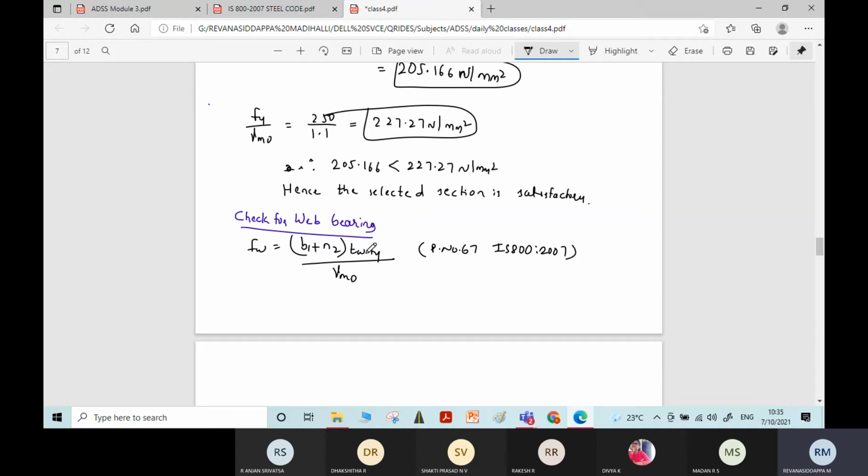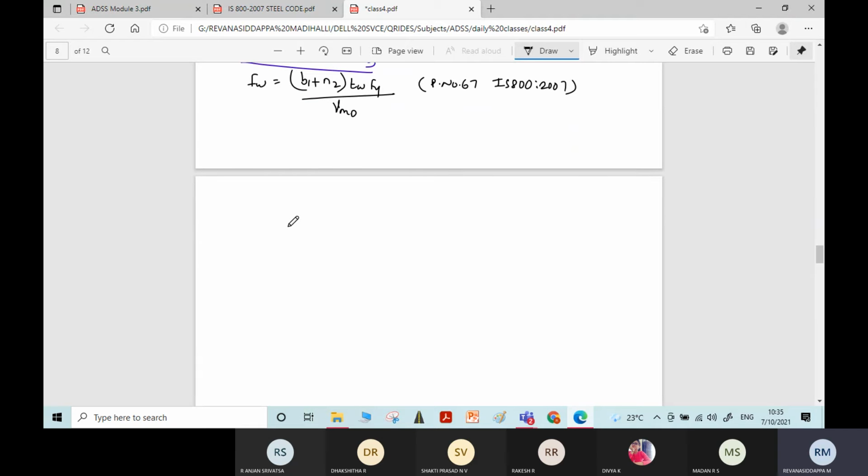What is B1 here? B1 is nothing but the length of the bearing plate. That bearing length is not given, so you assume some bearing length. You can go for either 75 mm or 100 mm. Here I will go for 100 mm as the bearing length. Assume.